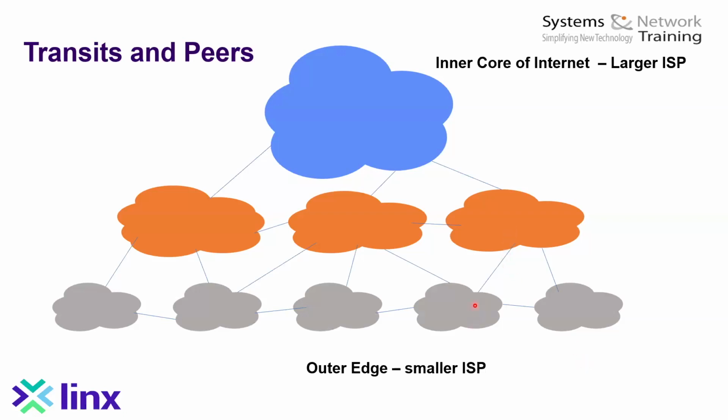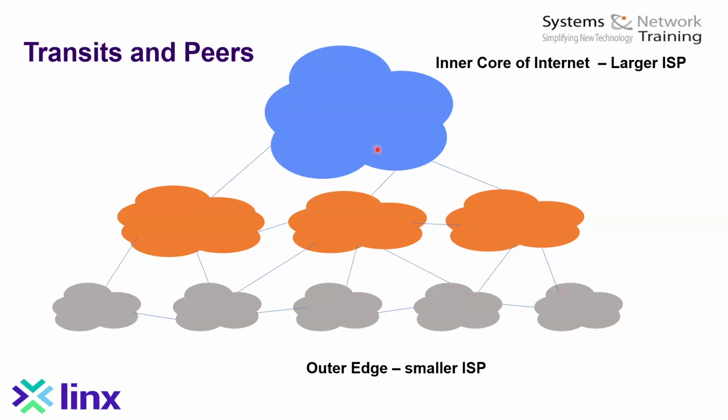I haven't specifically drawn any routers on here, but of course, it is routers that are having communication links. But what we're really talking about here with transits and peers are commercial relationships between these providers.